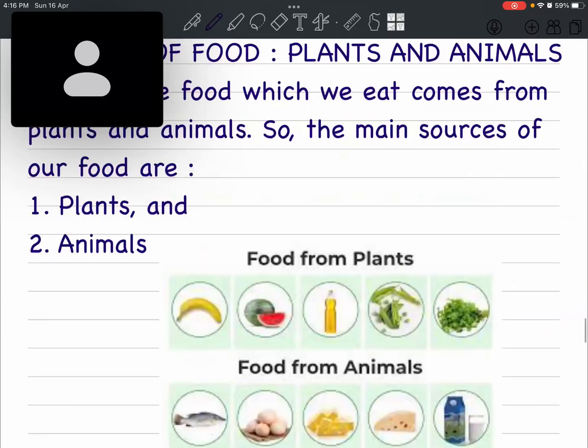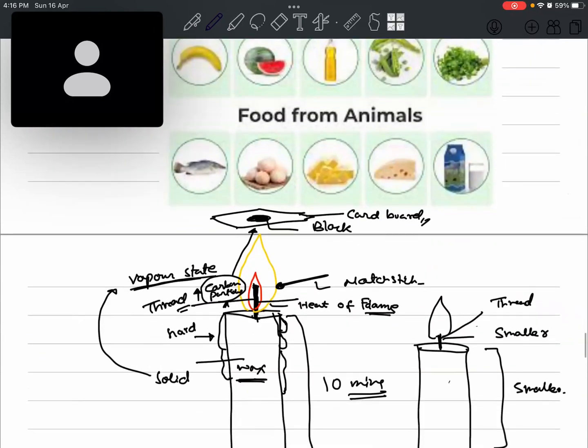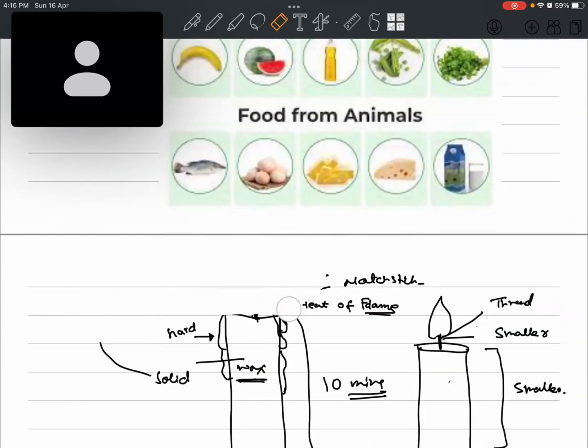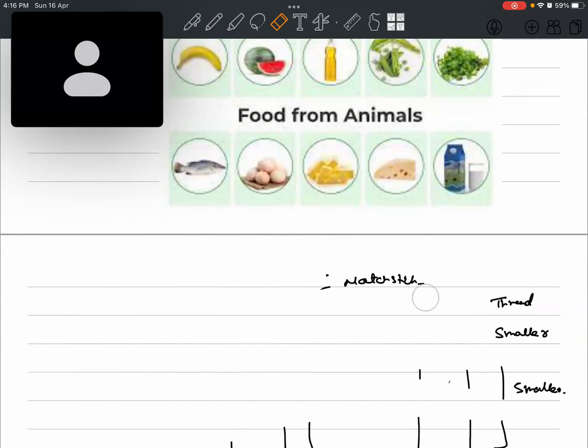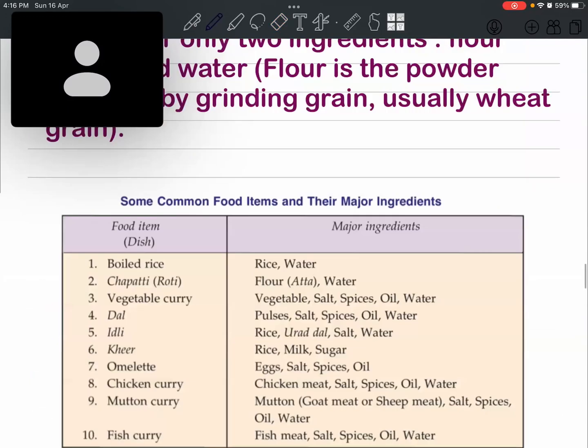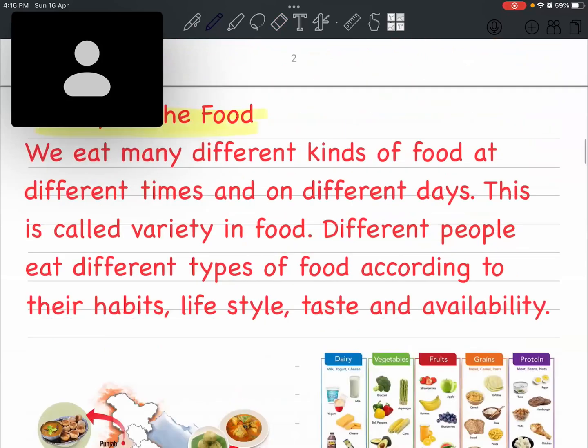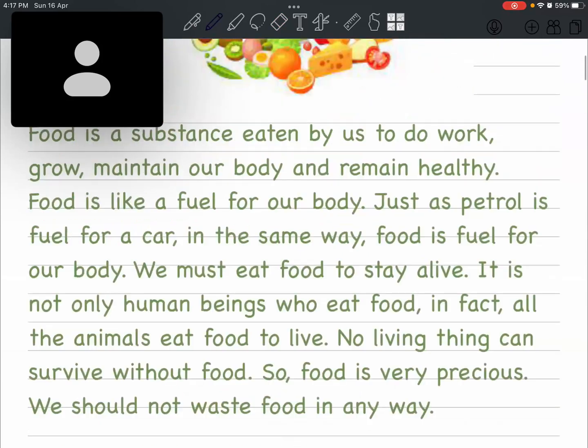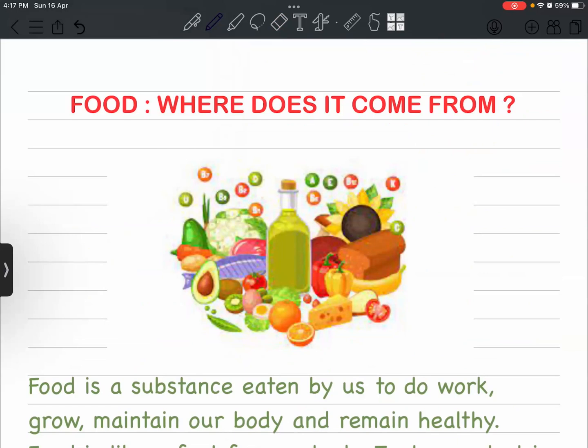So we will try to start our first chapter today of class 6, that is food and its sources. That is the first chapter, right? Our teacher didn't start that. Oh, wait. Then your teacher hasn't started this chapter.